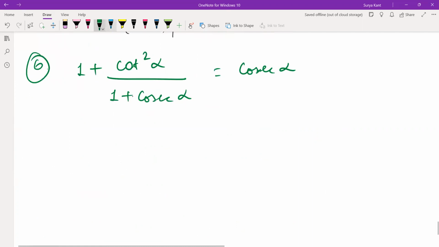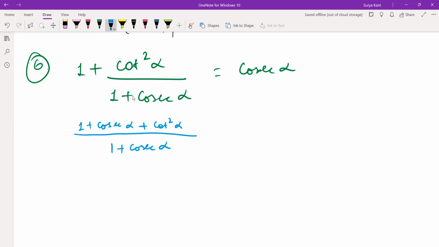So here, if you consider LCM, we will get 1 plus cosec alpha plus cot square alpha, right? Divided by 1 plus cosec alpha. In place of 1, what can we write?